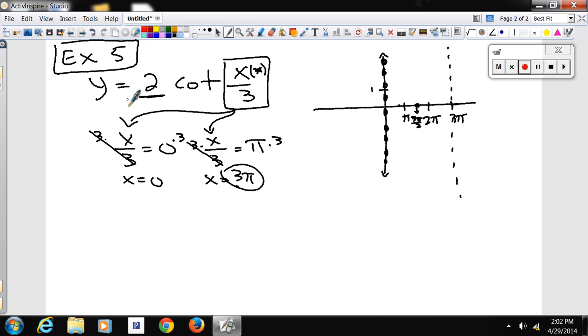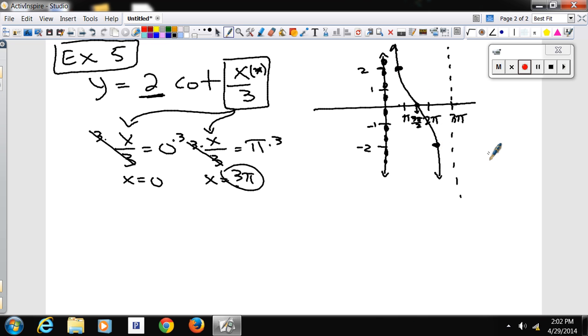A 2. And if this came out as a 1 and then I doubled it, now it's going to actually come out as a 2. So the halfway point's actually going to be a 2 here because there's a 2 in front. And then down -1, -2 on the other side is going to be a -2. So you're going to draw your cotangent curve.